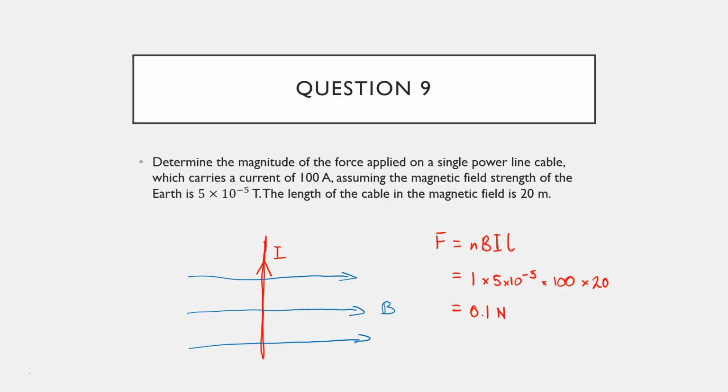Make your thumb point in the direction of the current, which is up. If you're doing that right now, your palm should be facing away from you, which according to the picture means the force will be into the page. So we can describe that force with an X. And there you go. Force is into the page.